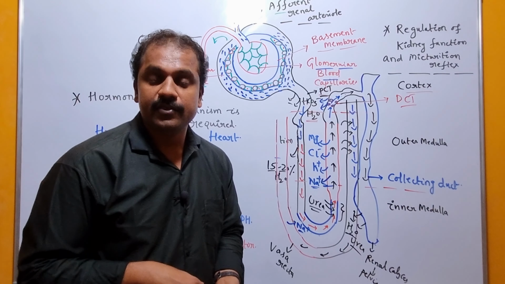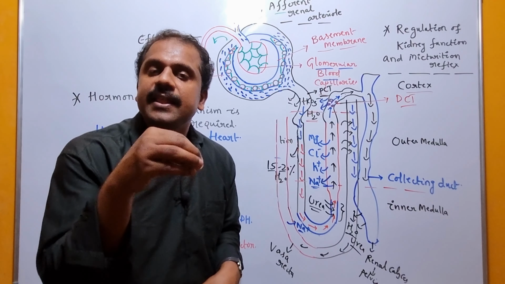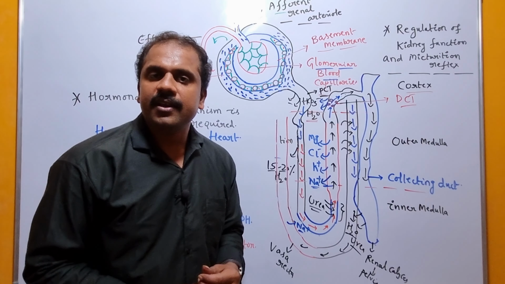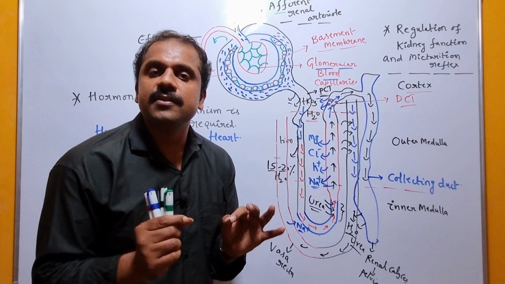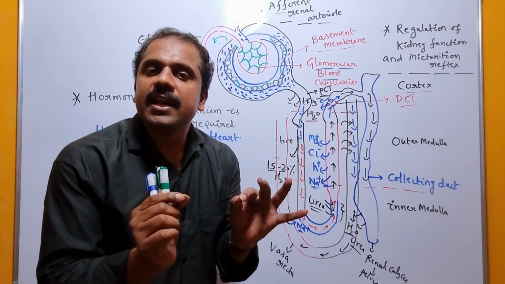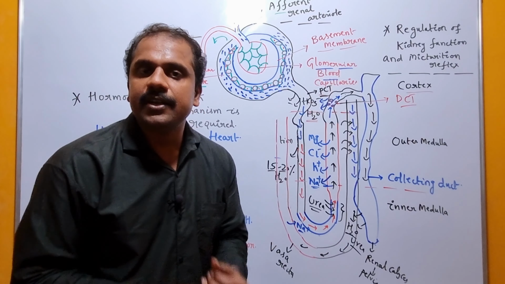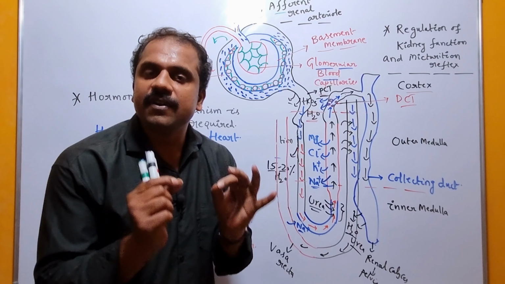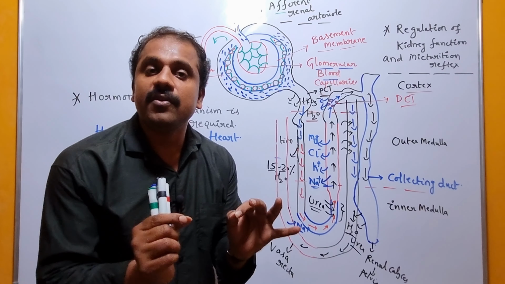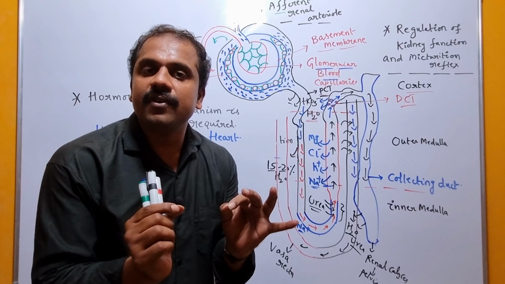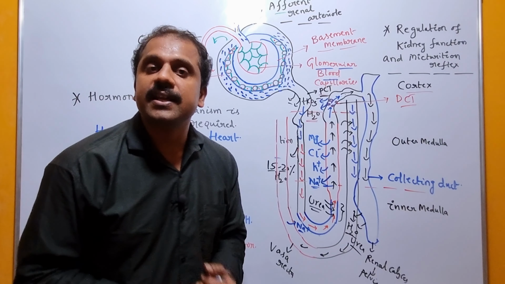As I have already mentioned, vasopressin is not only responsible for regulating the water reabsorption in the distal convoluted tubule, it is also a strong, potent vasoconstrictor.